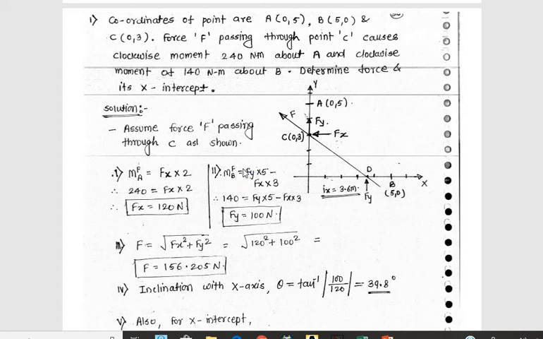Now second, moment of force about B. Where is B? This is B. Now at B, this is Fy into 5 and Fx into 3.